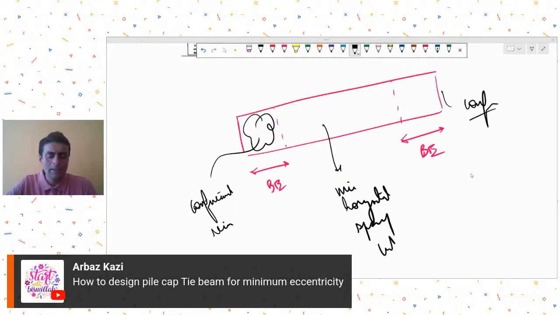Engineer Arbaz Kazi is asking how to design pile cap tie beam for minimum eccentricity. Minimum eccentricity from where? See, one way can be that you model your tie beam in the same model where, let's say, if you are doing some computer modeling, you could model your tie beam at the same place where you have modeled your pile caps.